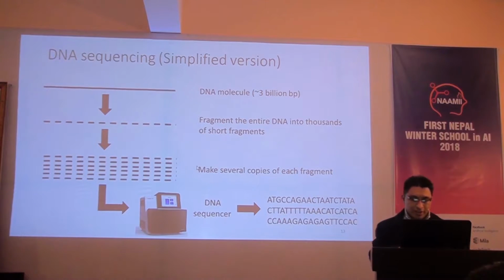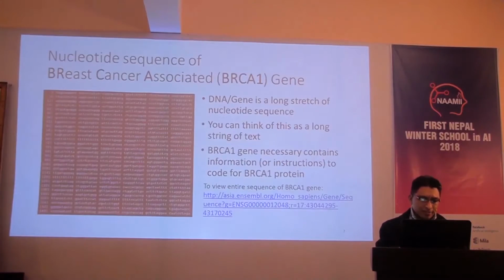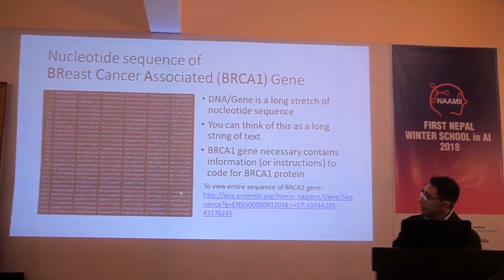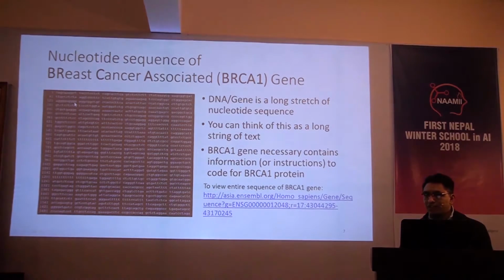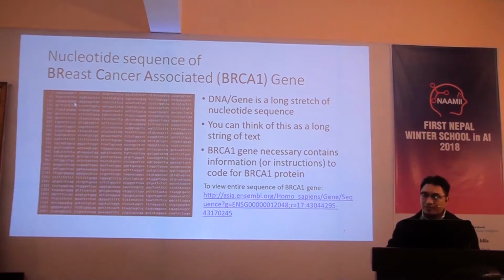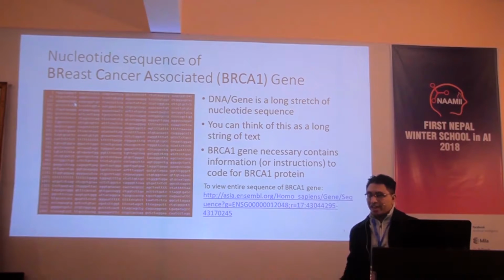Okay? So if I go back to this particular BRCA1 gene, you can see there's a different combination of A, T, G, and Cs, but there are also some repetitions of G, G, G, G, G. So in many parts there could be repetitions and different combinations.